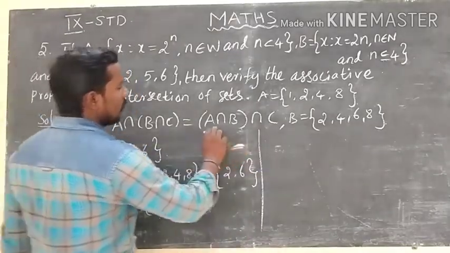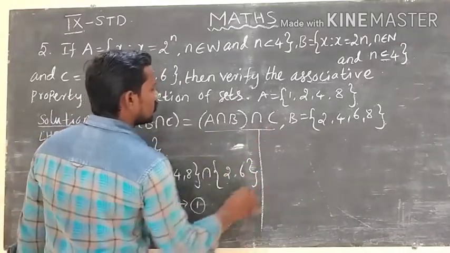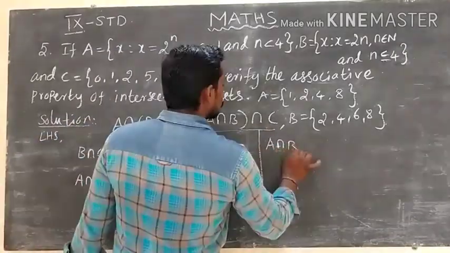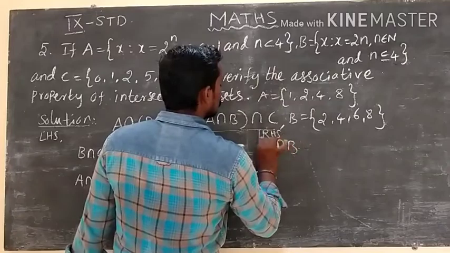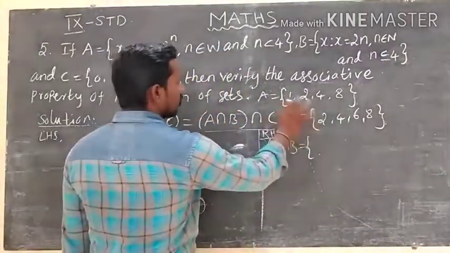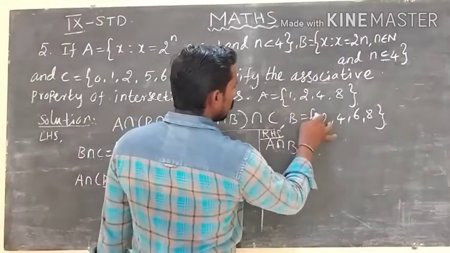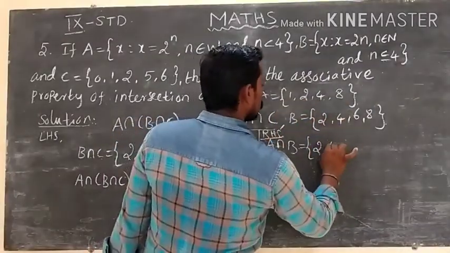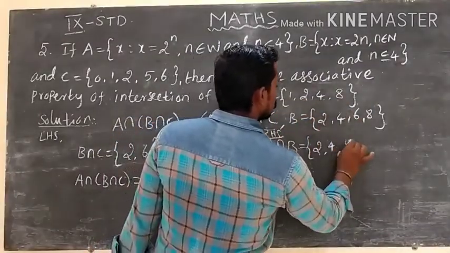So now take the RHS. For RHS, first find A intersection B, the common elements of A and B. 1 does not appear. 2, 4, 8, that's all.